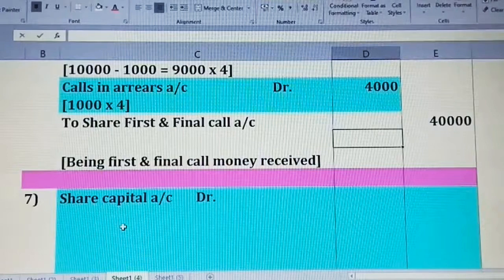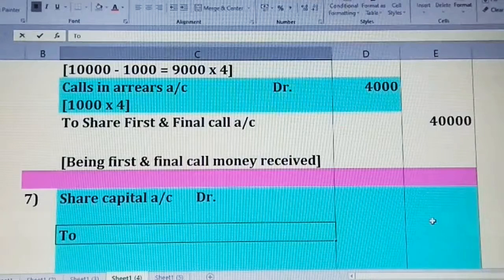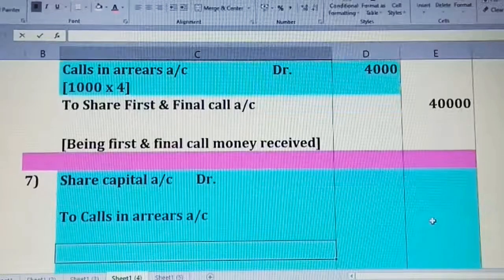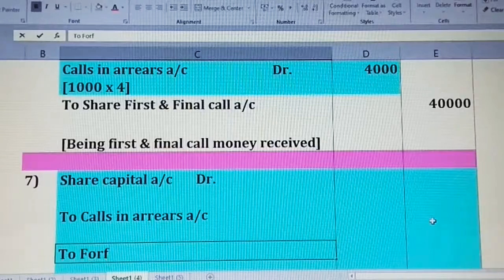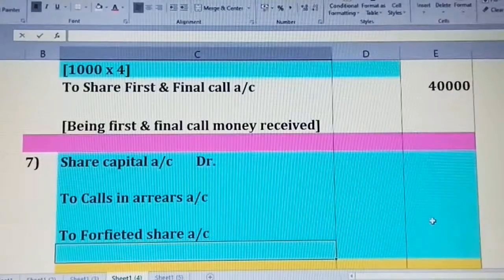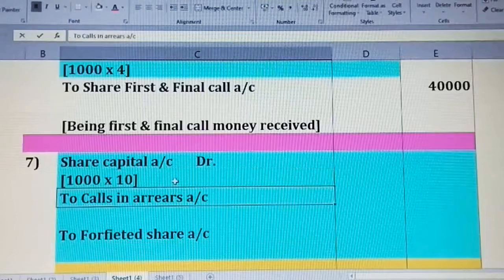Now, share capital account debit, what is debited is going to be credited to calls in arrears account and forfeited share account. 1,000 shares at a face value of rupees 10. See, premium we need not show here because it is not going to affect. So I have not taken that.